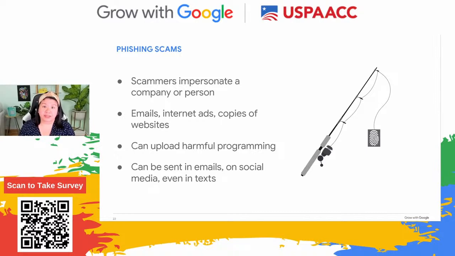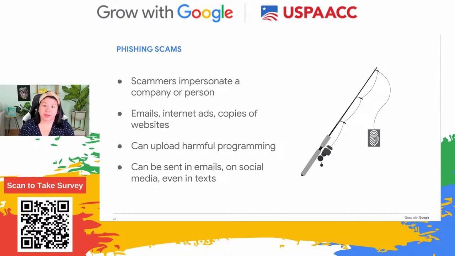So this email is an example of a type of scam called phishing. Phishing, spelled with PH, is when a scammer impersonates a company or a person in order to trick someone into giving up their valuable personal information. Usually phishing takes place through email, internet ads, or copies of websites that look similar to the ones you already use.